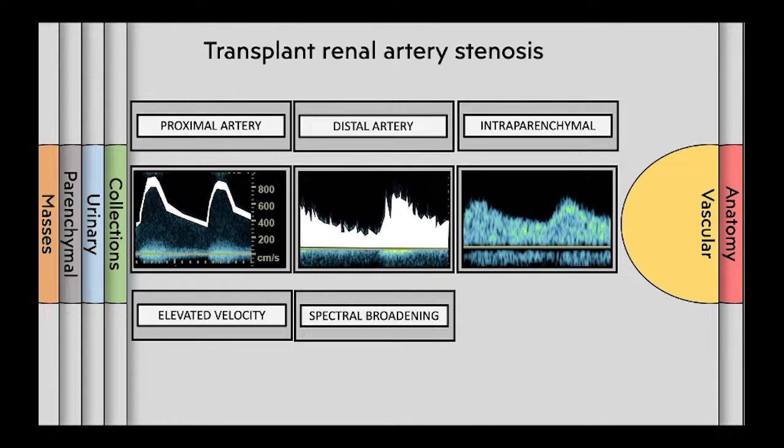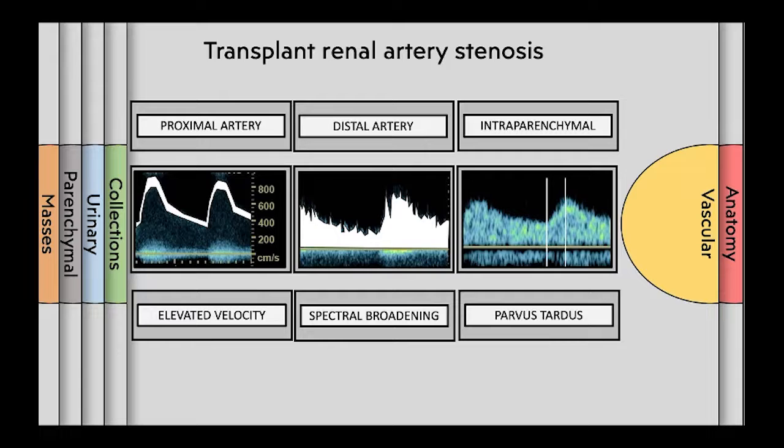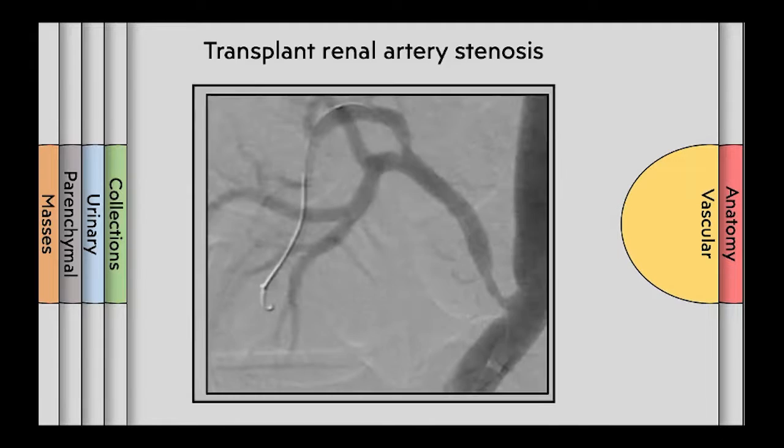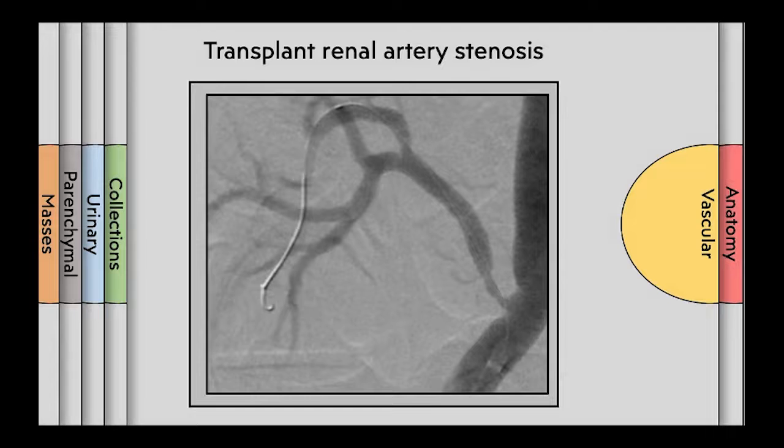And in the intraparenchymal arteries, distal to stenosis, we see parvus tardus waveforms. This would meet the criteria for very high risk of transplant renal artery stenosis. Here is the angiogram, which confirms the presence of transplant renal artery stenosis in the proximal portion of the graft renal artery.